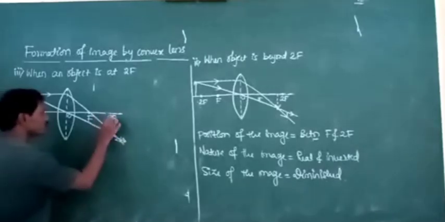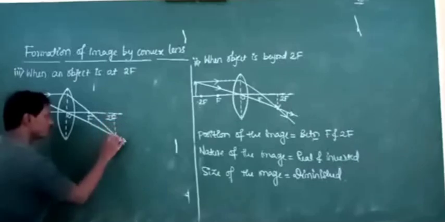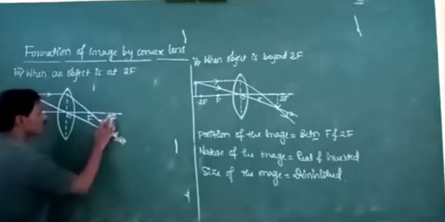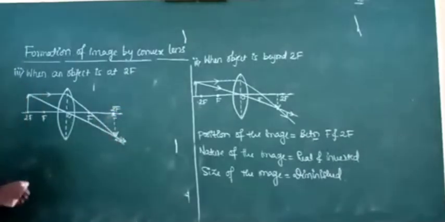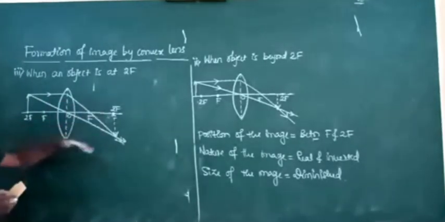Where the image is found here, the image is found at 2F. Take accurate measurements, and you will get the exact position of the image. So the size of the object and the size of the image are both the same.